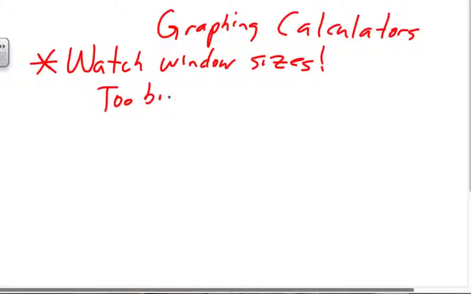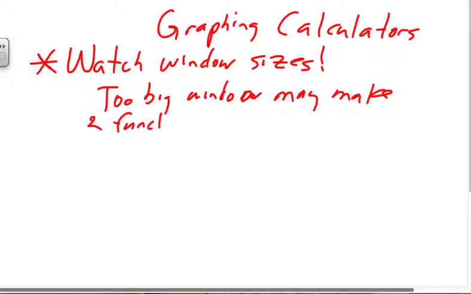Too big a window may make two functions look like they are intersecting when they're not.